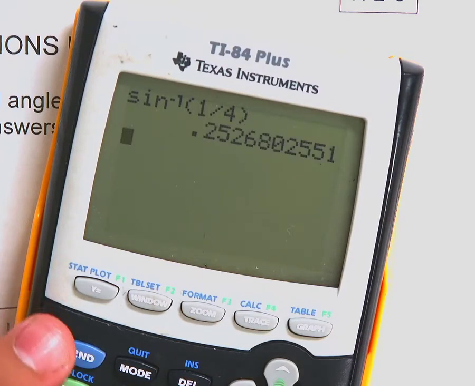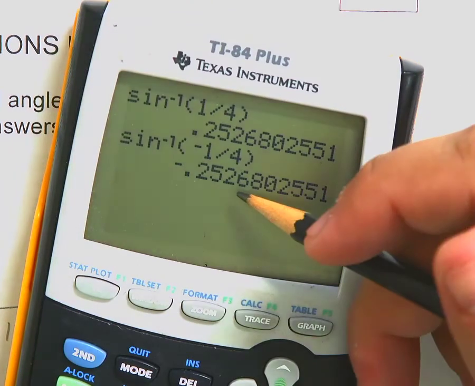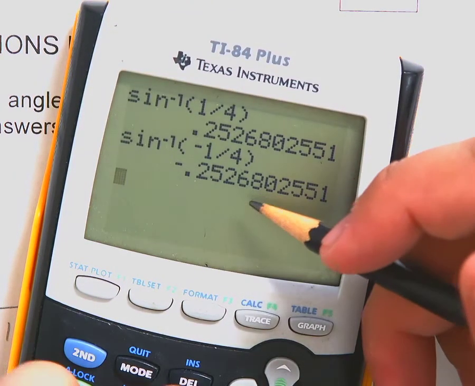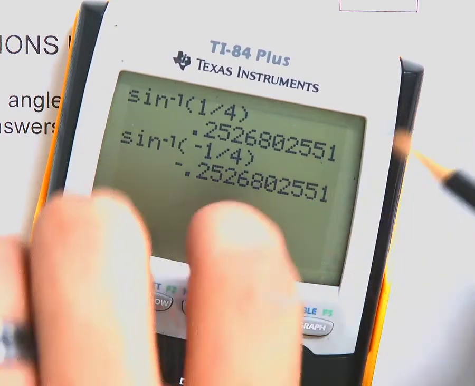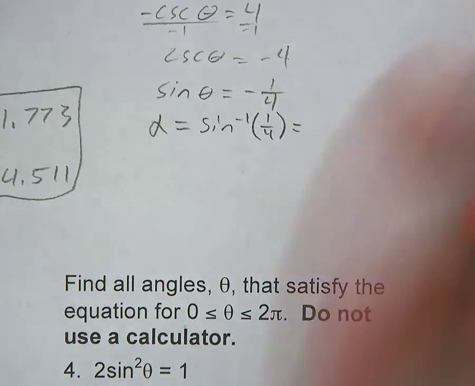Look at the difference with the inverse sine of negative 1/4. See how this gives me a negative value? I am not looking for that. This is only one of my answers. So we have to use the reference angle because there are two answers to this.